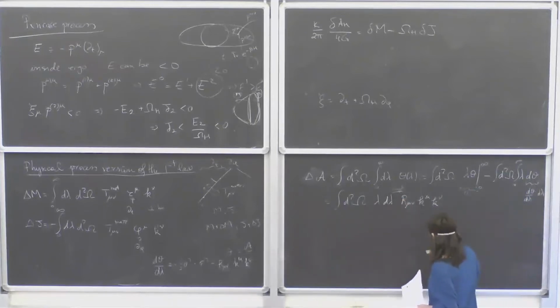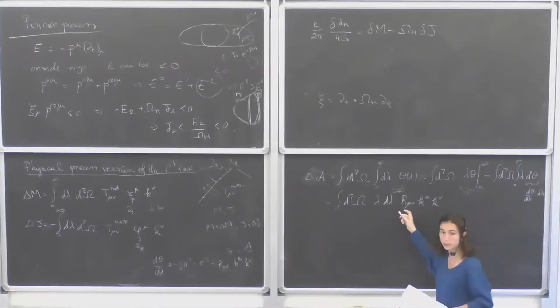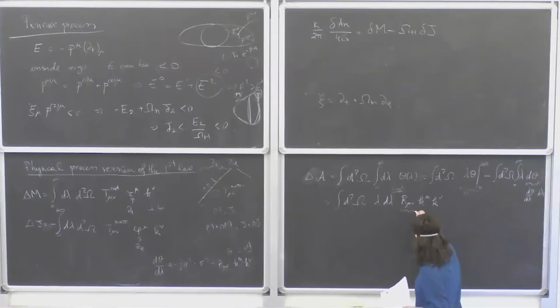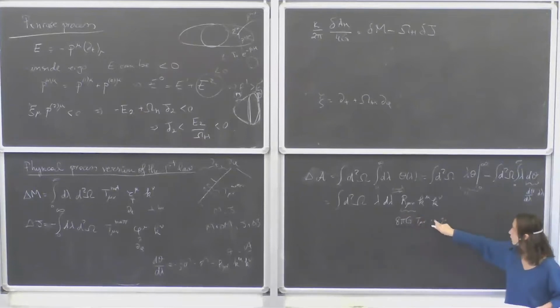And now what we want to do is to use Einstein's equation and replace this guy by T mu nu. Okay, so now we're going to replace this guy using Einstein's equation by 8 pi G T mu nu plus some terms that are proportional to g mu nu, but these terms are not going to contribute because k is null.